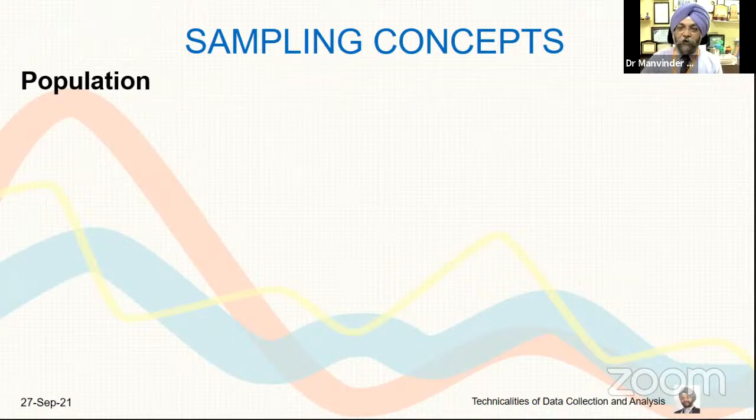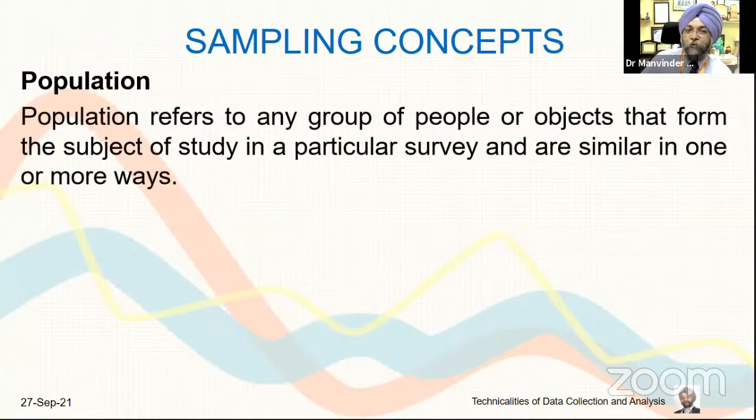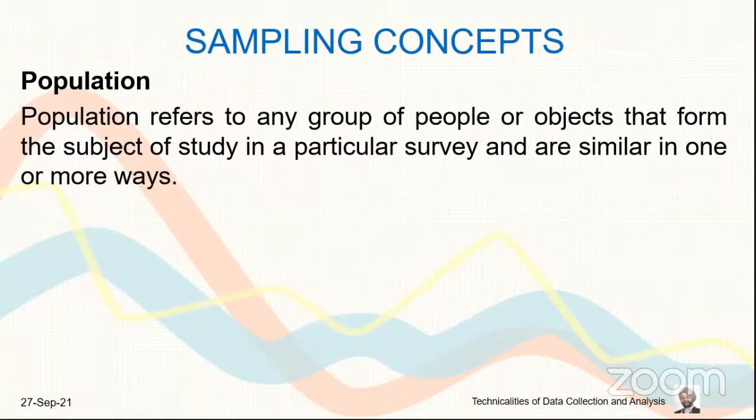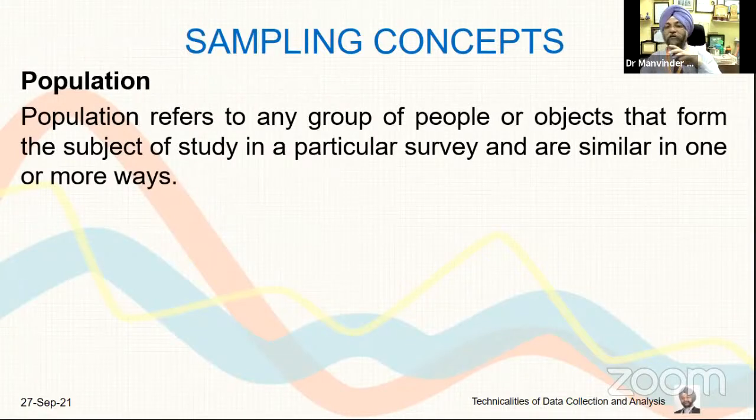Let us take an example. The population refers to any group of people or objects that form the subject of the study in a particular survey and are similar in one or more ways. This last point is very important: the population must be similar in one or more ways. If the people or objects in the population are heterogeneous, there is no question of including them together.